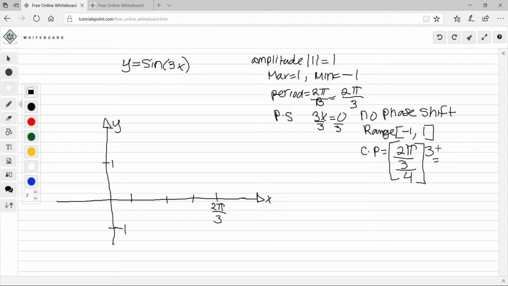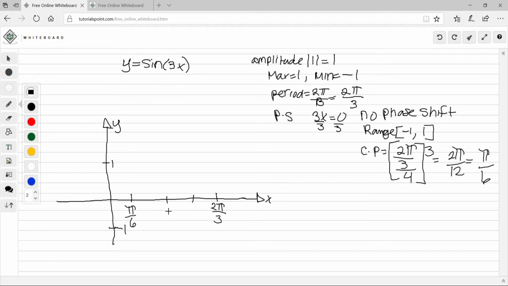So I should get 2 pi, and then 4 times 3 is 12, and that simplifies into 12 pi divided by 2, which is 6. So basically, here's our first point, pi over 6, and then you keep adding pi over 6.